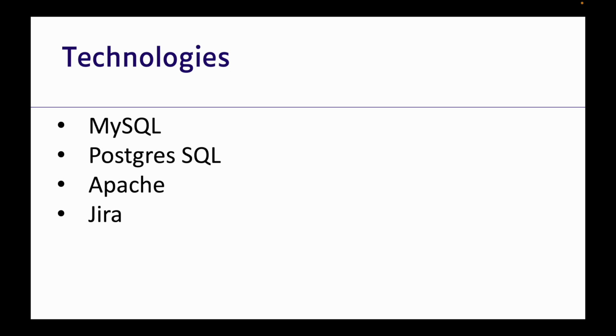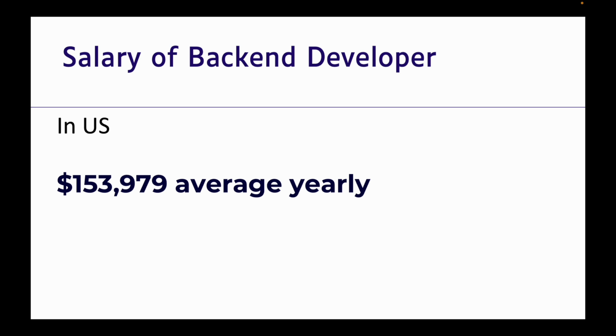MySQL, PostgreSQL, Apache, Jira. Now, these are the technologies that you can learn for backend. And if you see the salary of a backend developer, it's $153,979 average yearly, which is only in the US.